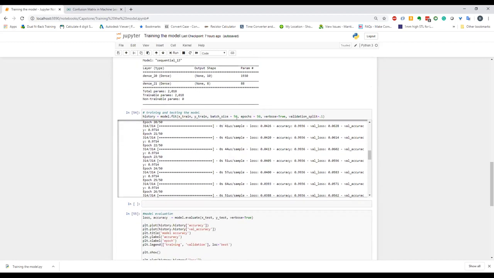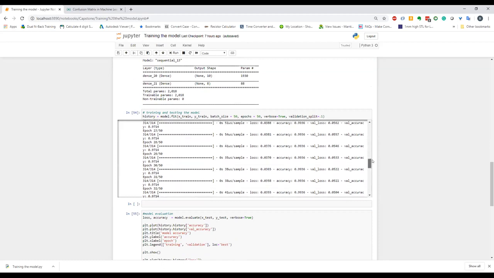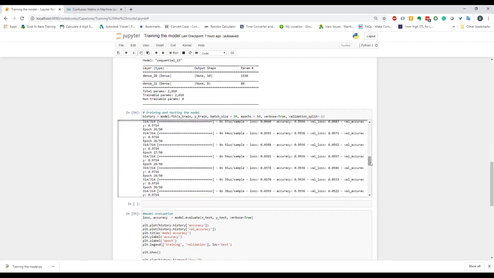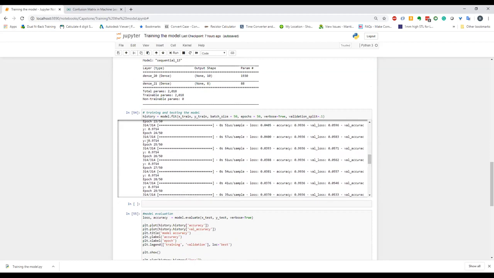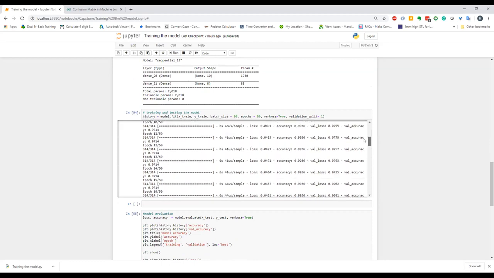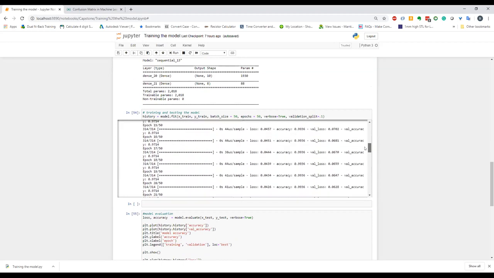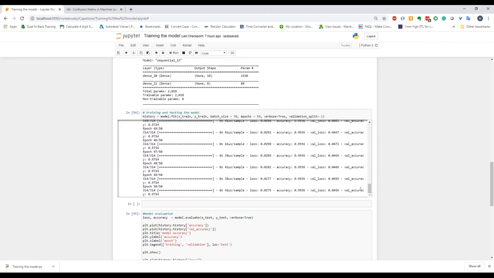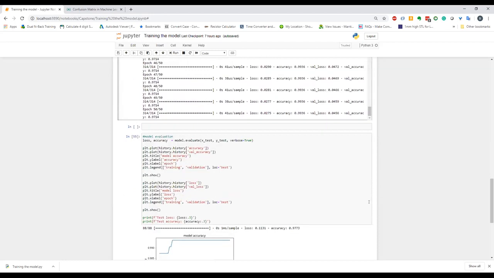So I'm doing batches of 50. Originally I had 100 epochs, now I had 50, and these are the results that we're getting. You can see them here. It starts out pretty high actually, around 97%, and we end up around 97.14%.